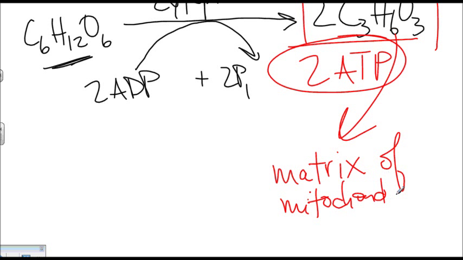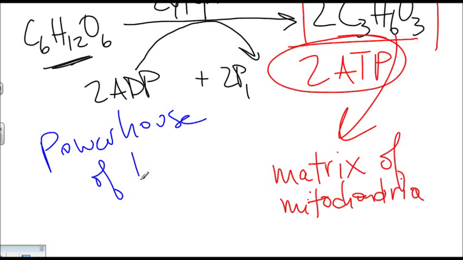And if you remember my analogy, if you watched my video on the parts of the cell, or you'll hear this from any other teacher, the mitochondria is referred to as the powerhouse of the cell.